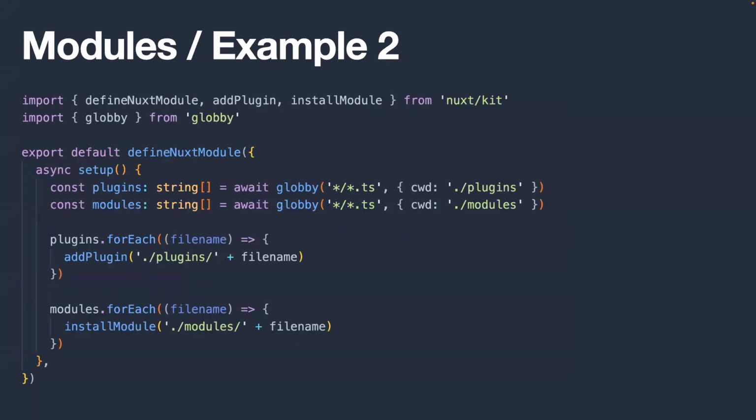So here's another example. This one adds plugins and other modules using this module. I actually grabbed this from our Nuxt 3 application, where we're using a library called Globby to go through different directories and allow us to have different levels of directories and whatnot to add plugins within a given subfolder.